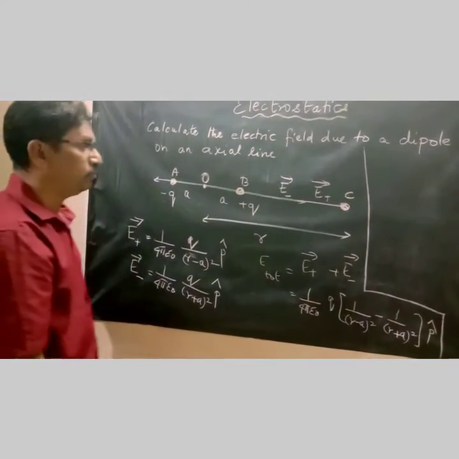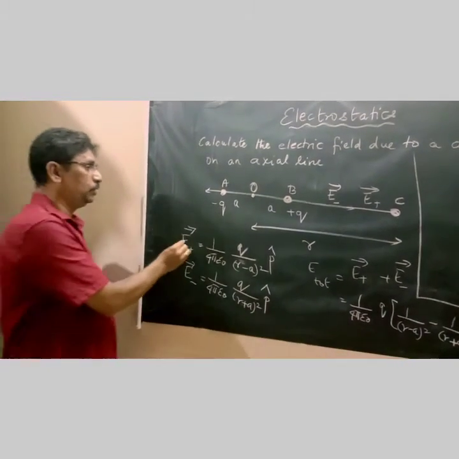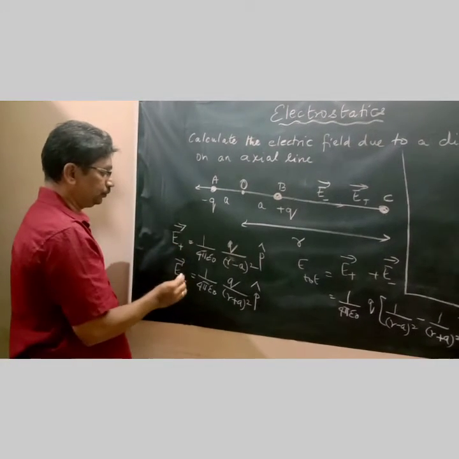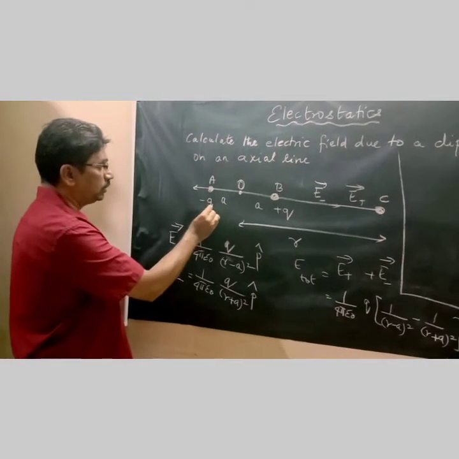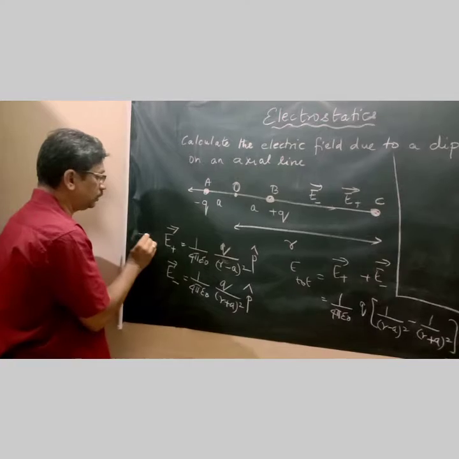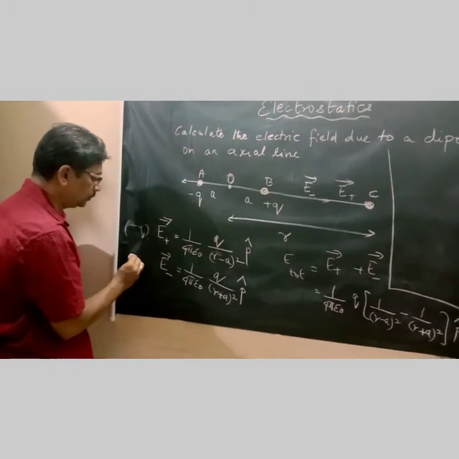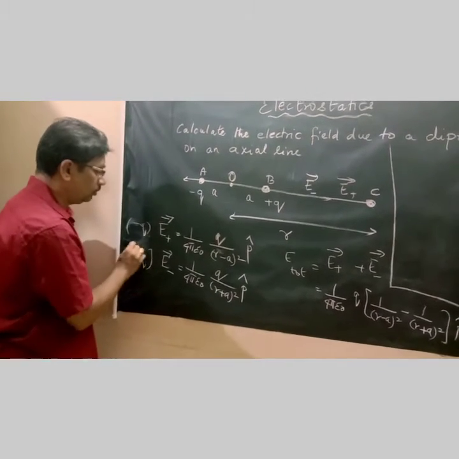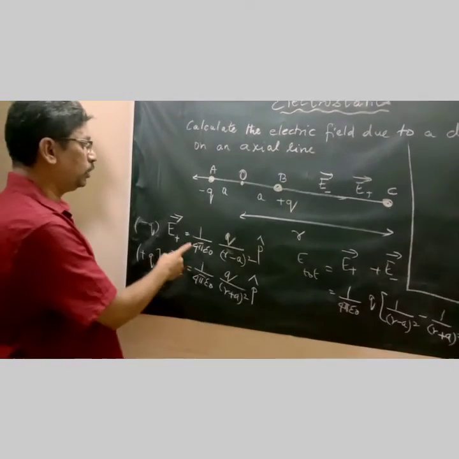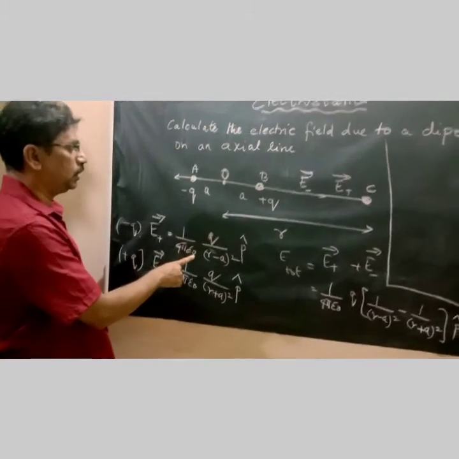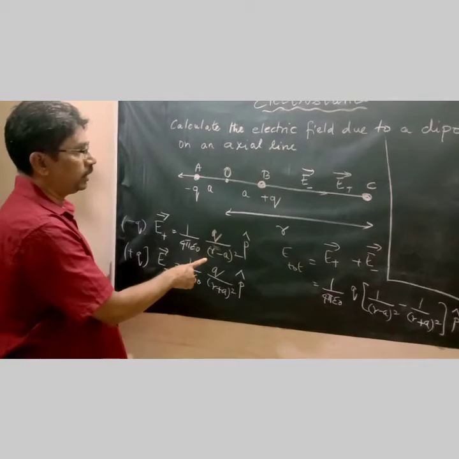Now we calculate the electric field due to minus Q and the electric field due to plus Q. We calculate this using the formula 1 by 4 pi epsilon naught into Q by R square.